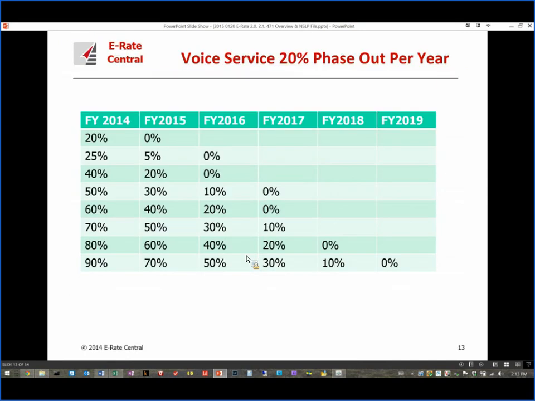I think you've seen this before, that the net effect of all of that is that the discounts for most people for voice, by the time we hit funding year 2016, that'll be the last year that they probably get much of their funding.